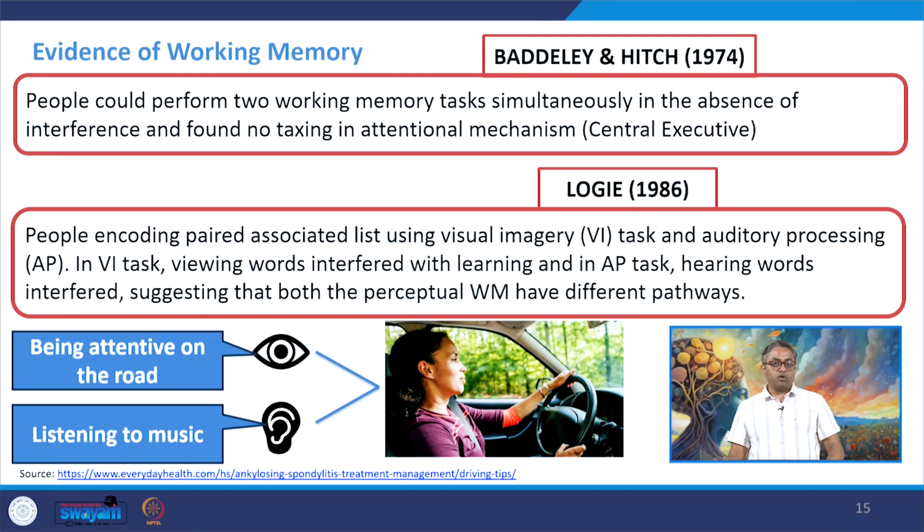Now, once we understood the four components, Baddeley and Hitch tried to address why these systems are seen as so distinct from each other: why auditory working memory cannot be the same as visual working memory, and how visual working memory is very distinct from auditory working memory.